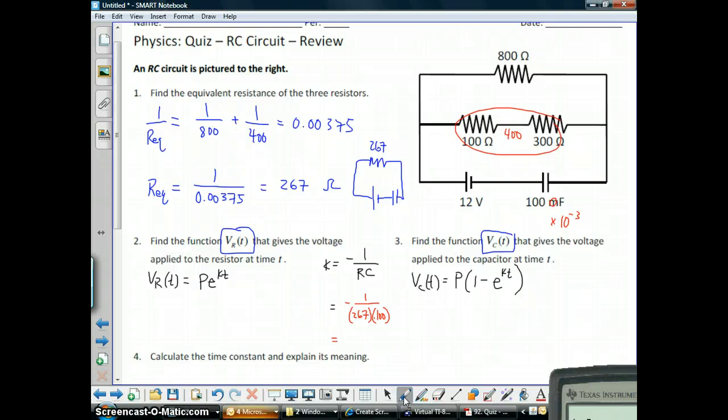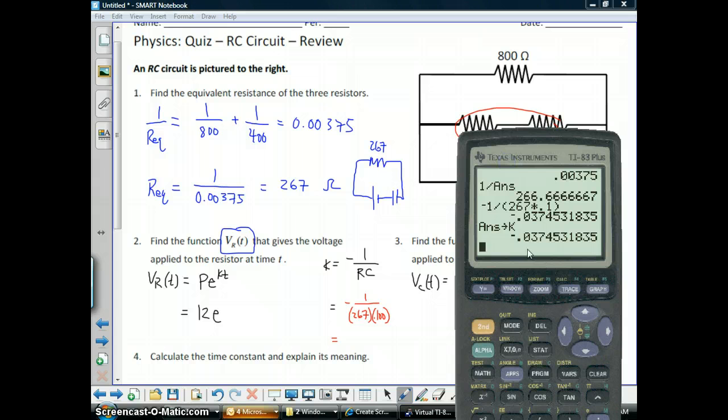So now each one of these equations becomes P is the original voltage. So what would the original voltage be here? It would be 12 e to the, and in this case it's about -0.037 t.